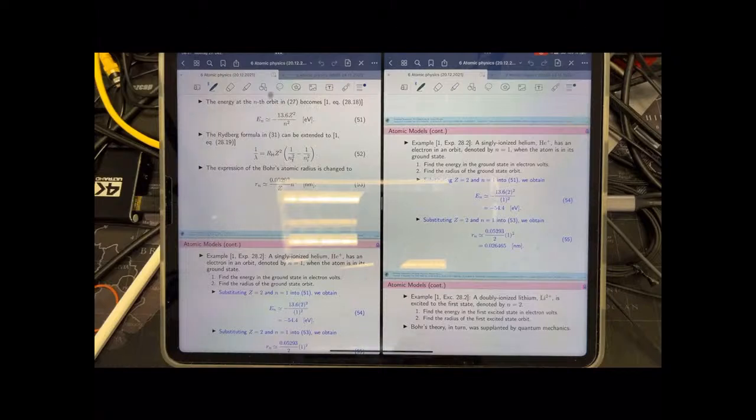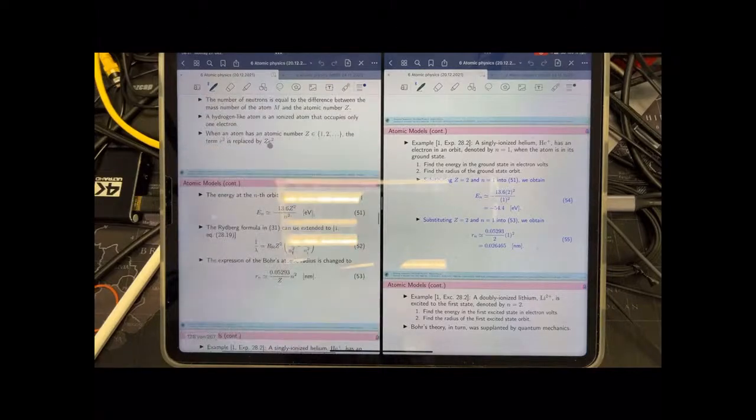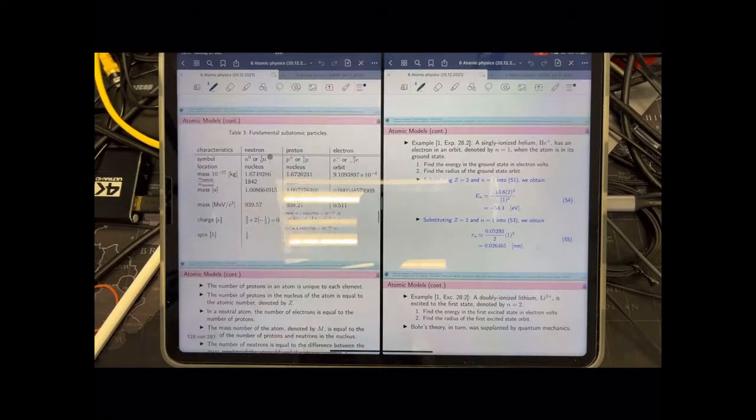And you know that this is the expression.